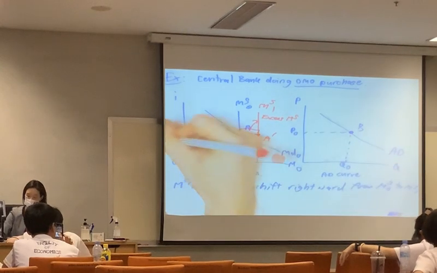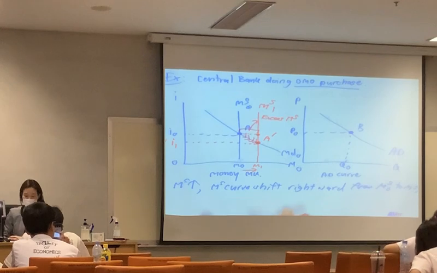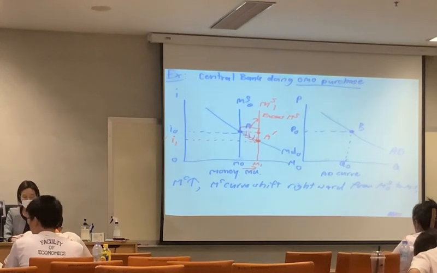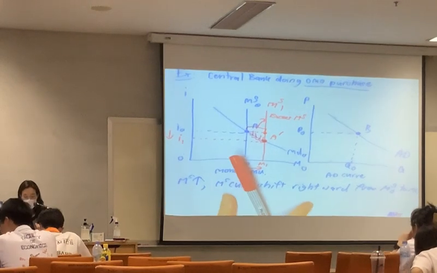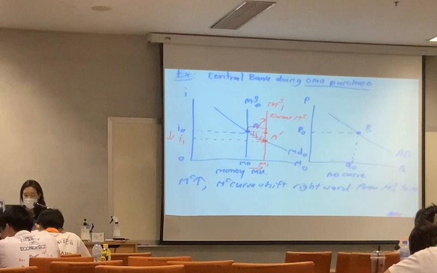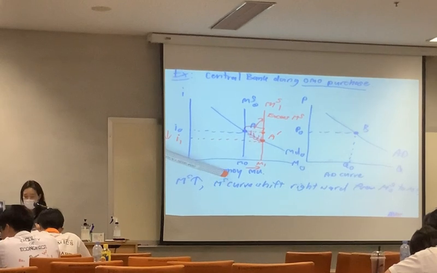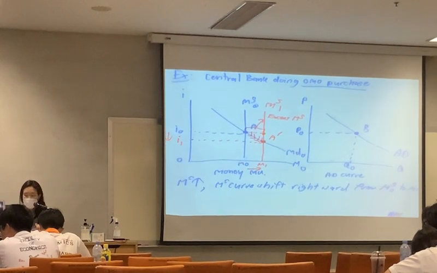Interest rate goes down. So you have to say at I0 we have excess money supply, okay, and then the interest rate goes down from I0 to I1. Money supply increases, quantity of money increases from M0 to M1. Equilibrium changes from A to A prime.